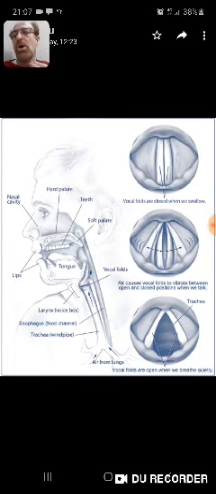Here we have something we call the voice box. Voice box. What is inside the voice box? These two curtains or two folds are there, or two vocal folds or vocal cords are there.